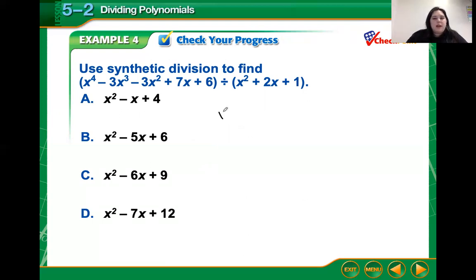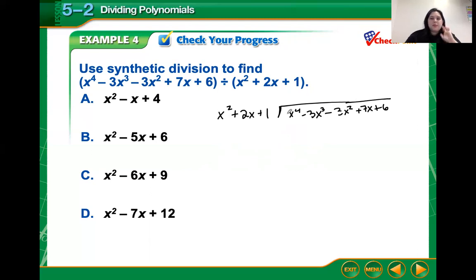So we're going to have x squared plus 2x plus 1 dividing x to the 4th minus 3x cubed minus 3x squared plus 7x plus 6.